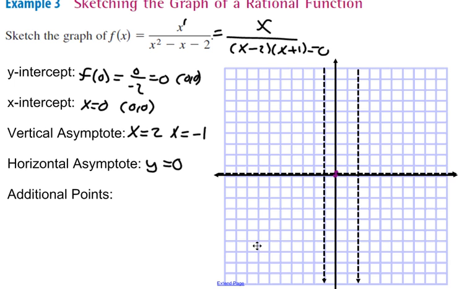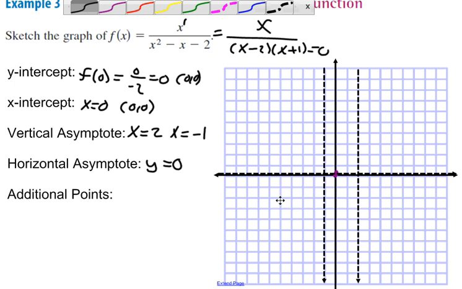Awesome. So we have our asymptotes, and now let's find out what's happening over here. This is when I start doing my additional points. I know I can't plug in negative 1 because that's an asymptote, but let's plug in negative 2.